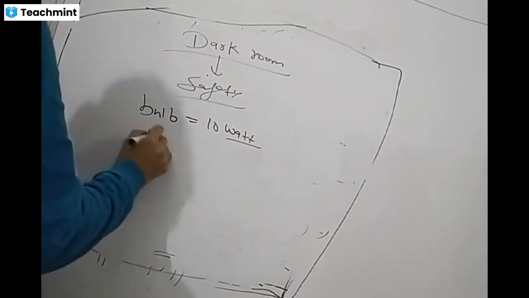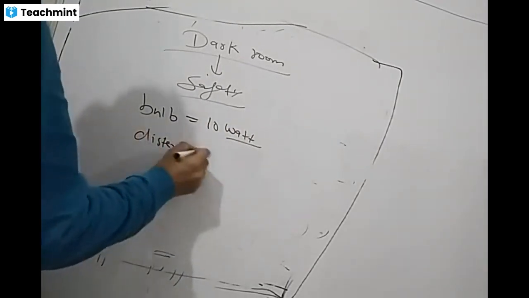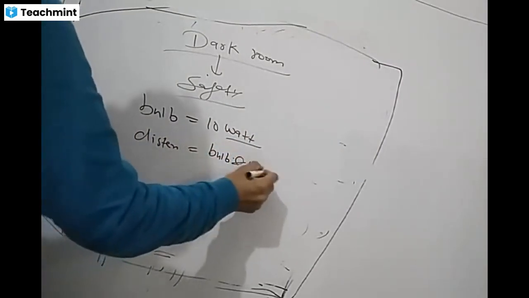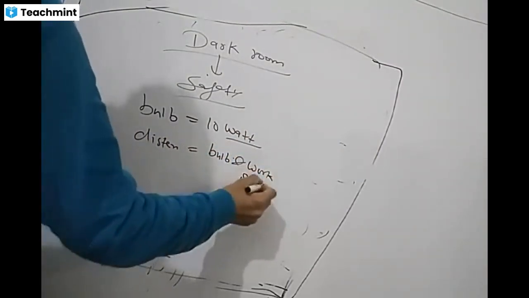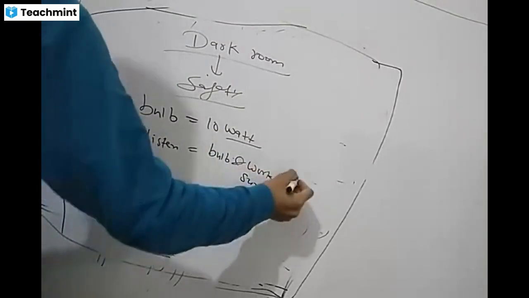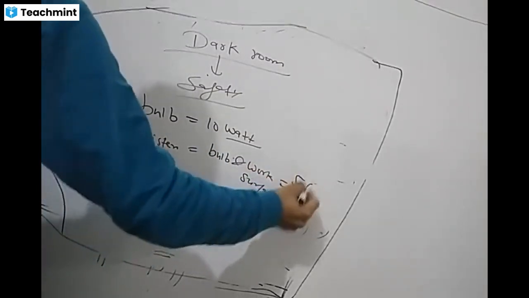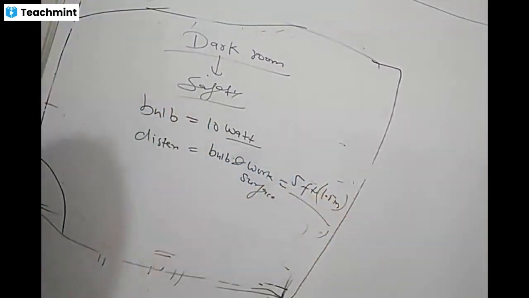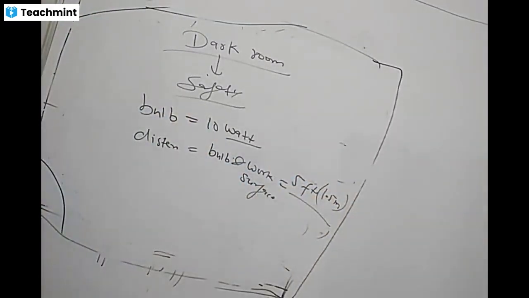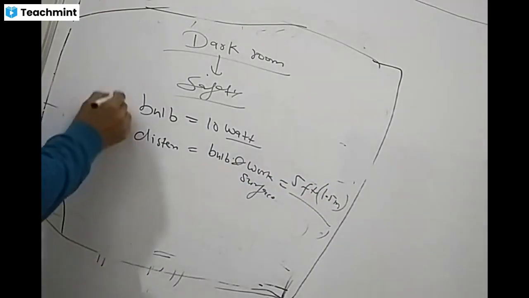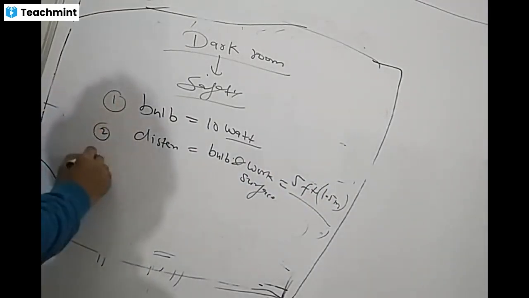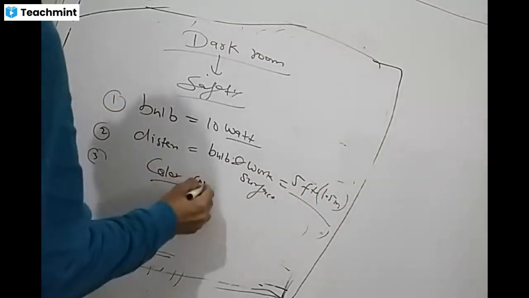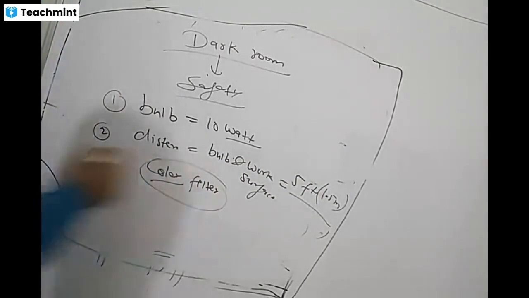The distance between the bulb and the working surface should be 5 feet or 1.5 meter. Then the third is the color filters. Very important is the color filters.